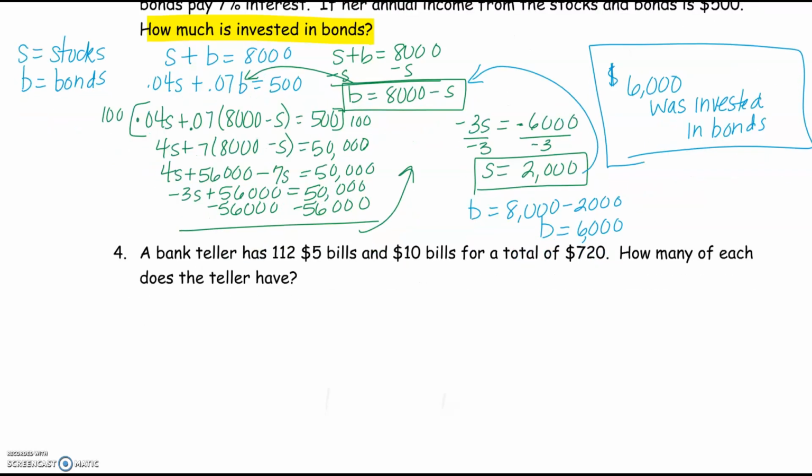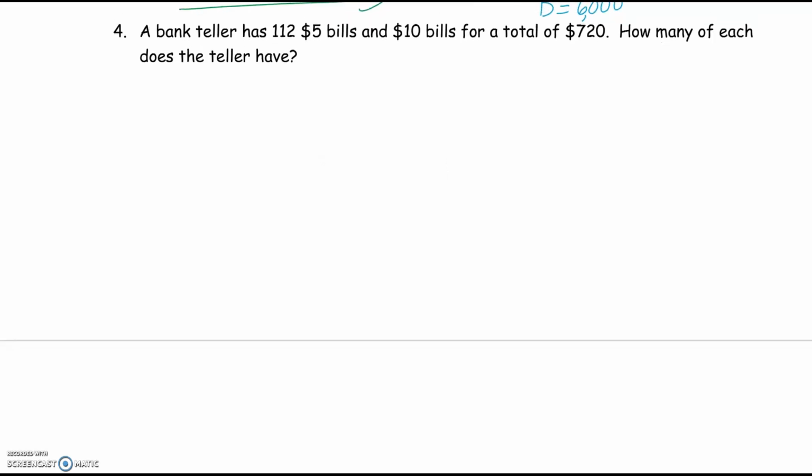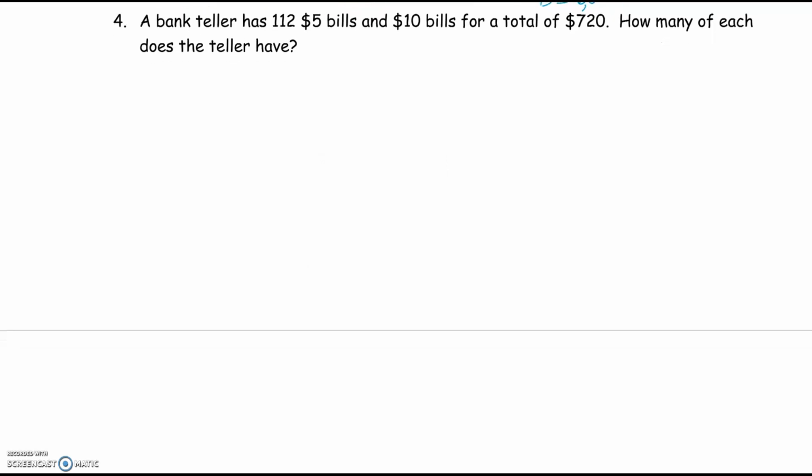Okay, we have one more. A bank teller has 112 $5 bills and $10 bills for a total of $720. How much of each does the teller have? All right, so I'm just going to choose X to be the number of $5 bills. And I'll choose Y to be the number of $10 bills.